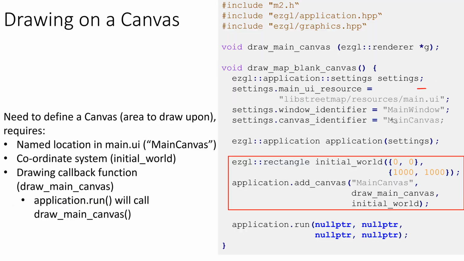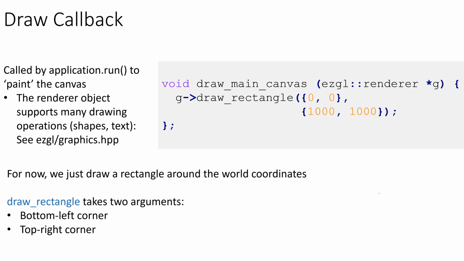Okay. So I told ece2gl that this is the name of my screen redrawing routine. So I have to make sure I write that. That's actually why the program crashed before when I clicked on a button, because a screen redraw was needed when I zoomed in, and I had not actually set up a callback function. So it crashed. Basically, it probably just tried to call a random function and it didn't work.